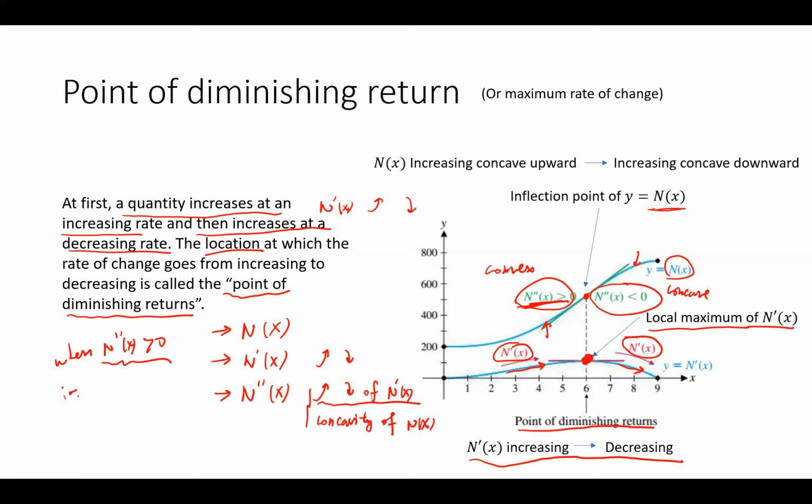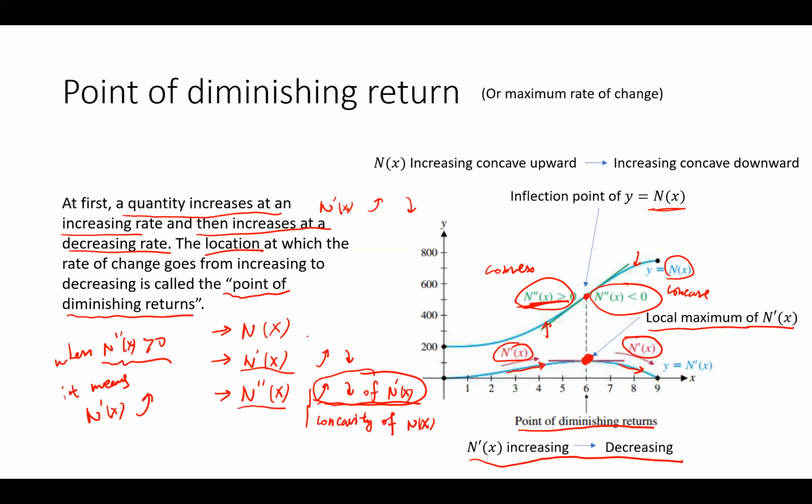It means that n prime of x is increasing. That's the literal interpretation, which falls into here. So this is our interpretation regarding the derivative of n prime, which is n double prime.